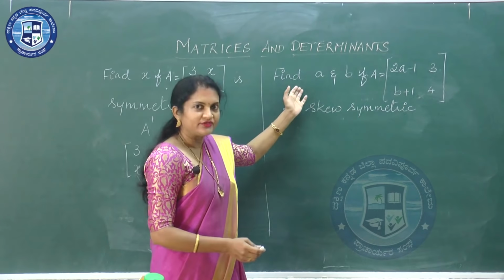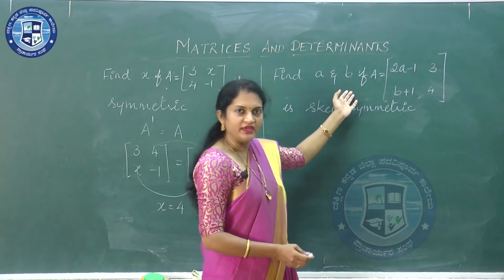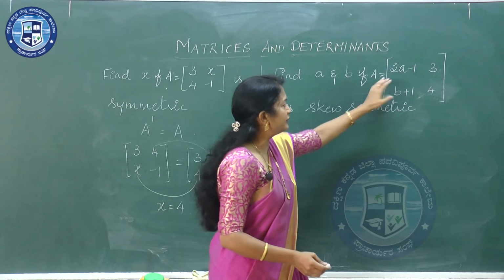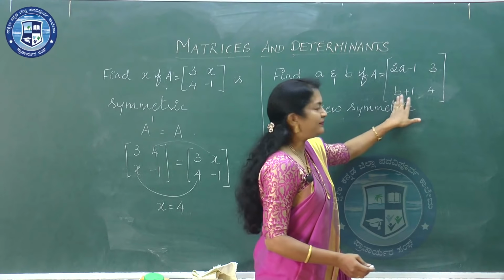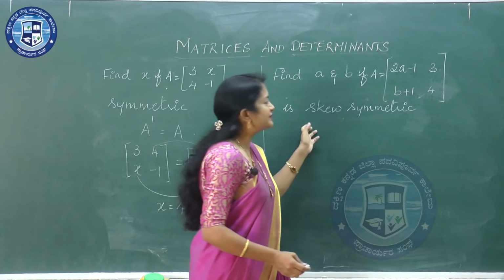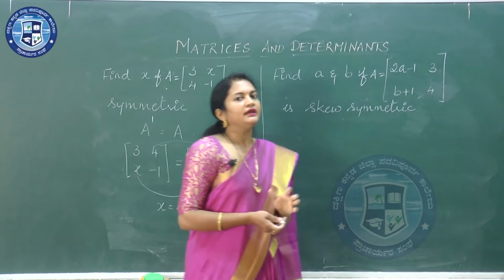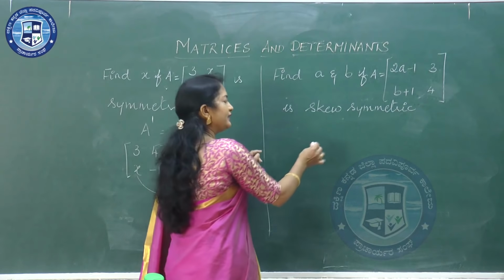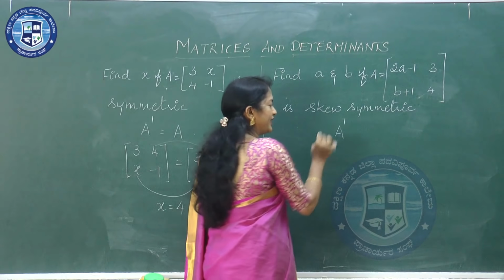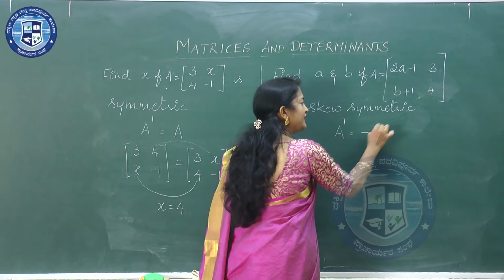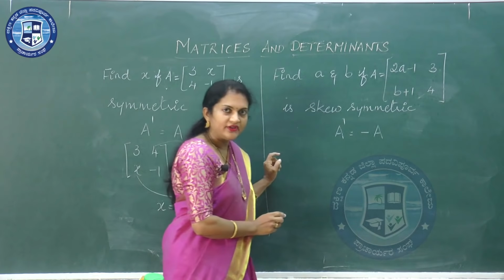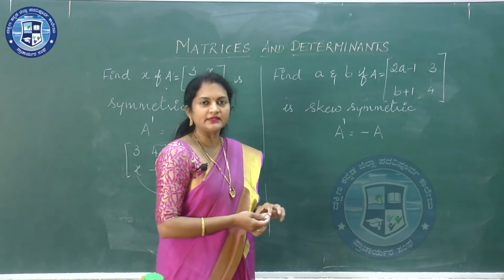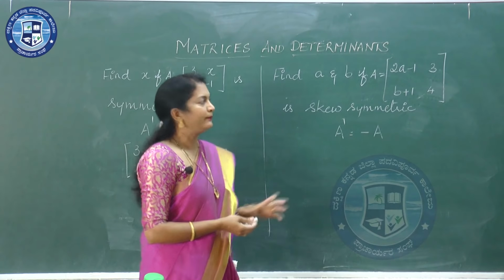Now another question: find a and b if A is equal to the matrix [2a minus 1, 3; b plus 1, 4] is skew symmetric. What is the condition for skew symmetry? If the transpose of a matrix is equal to the negative of the given matrix, then we say that matrix is skew symmetric.